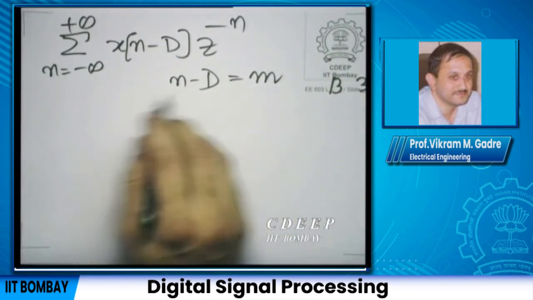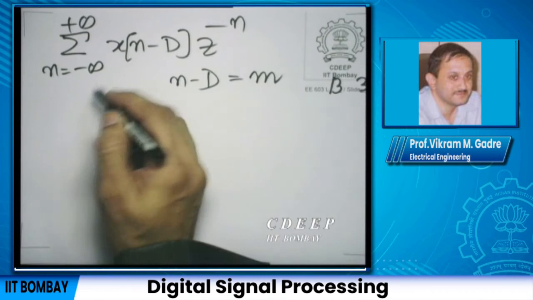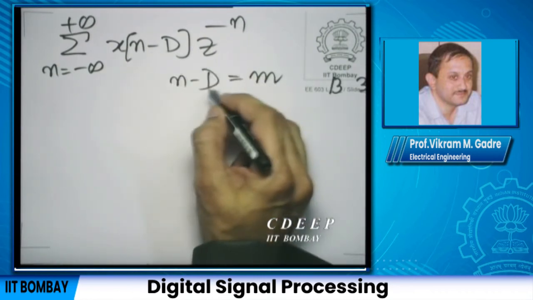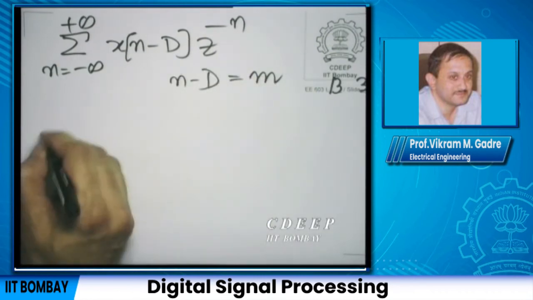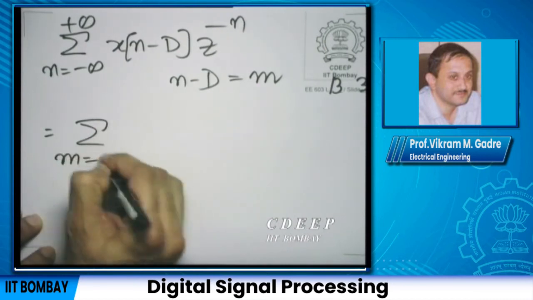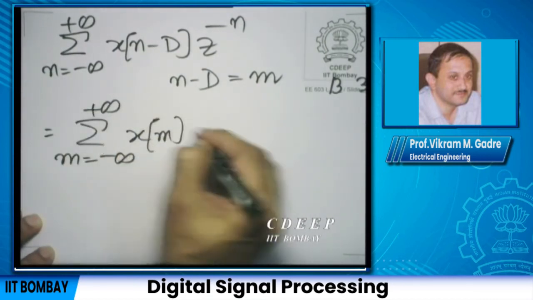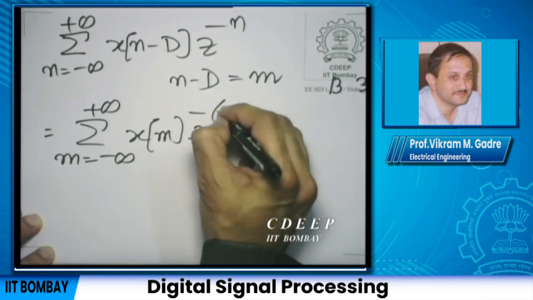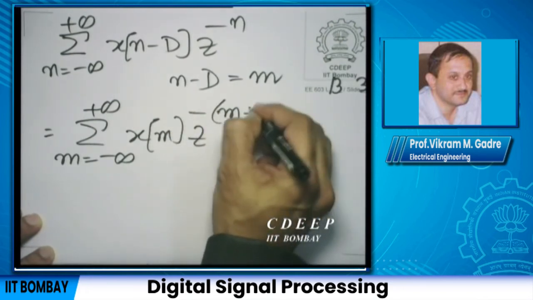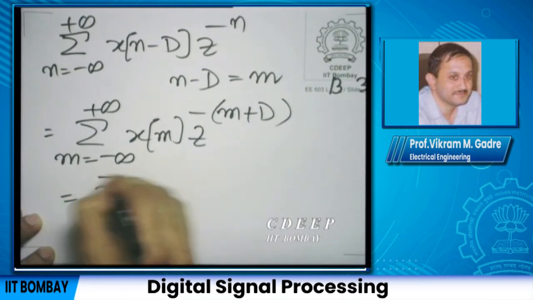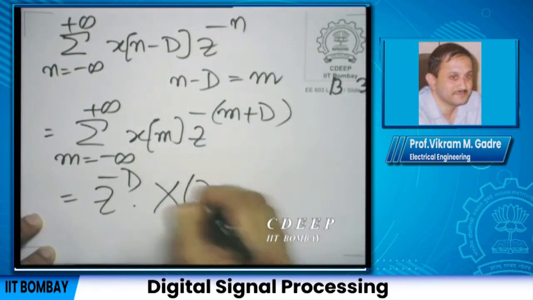Now, when n runs over all the integers, so does m for a fixed integer d, and therefore this can be rewritten as the summation, m going from minus to plus infinity, x[m] z raised to the power minus (m plus d), and therefore that is z raised to the power minus d times X(z).